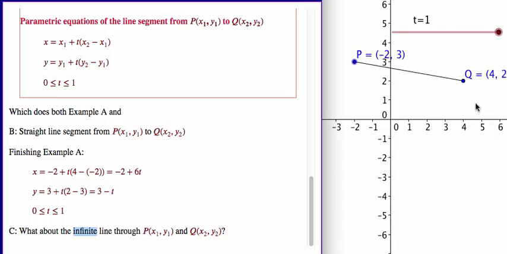So can you guess how you parameterize that? I think you might have guessed it. Namely, simply lift the restriction on t. Don't let t stop at 1, let it go on, and then that line should just continue moving to the right. Don't stop t at 0 on the left, let it go on to negative infinity, and that line should extend to the left as well.